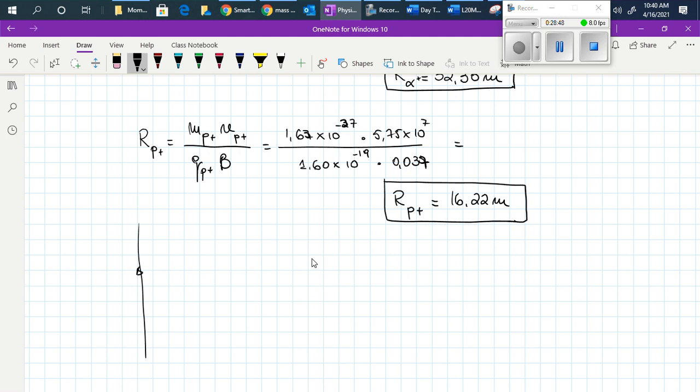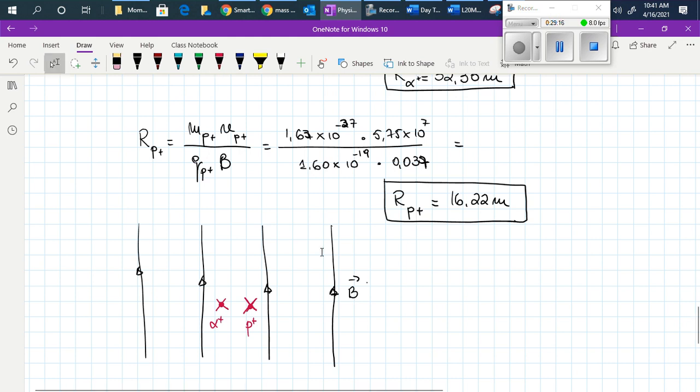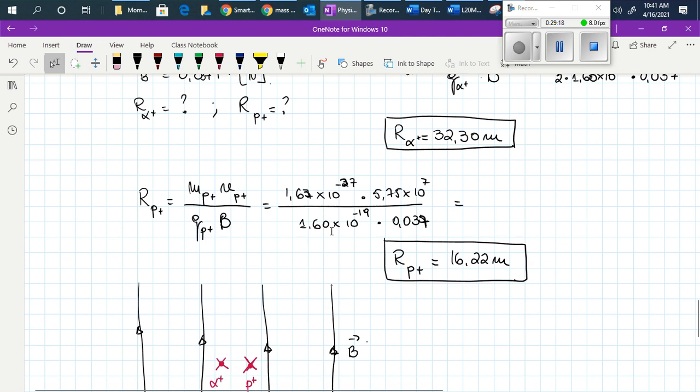The magnetic field is going north, B, and we would have the electron and the proton and the alpha particle entering into the page, is cross. Yeah, it is into the page, I think it is into the page, yeah.